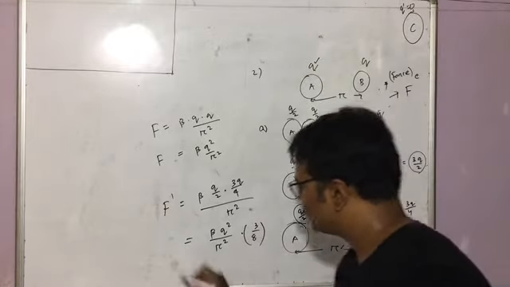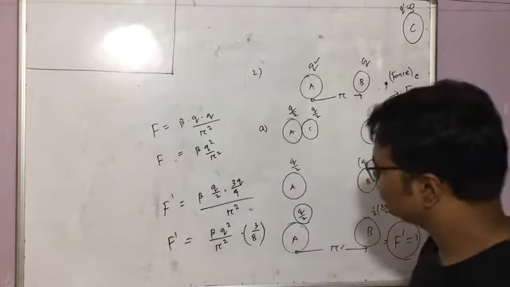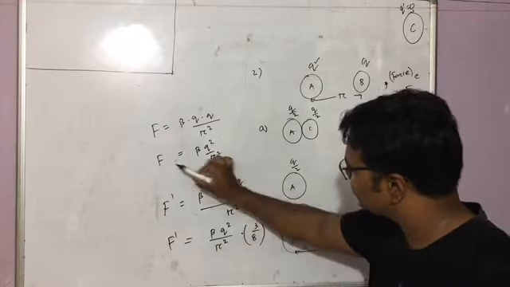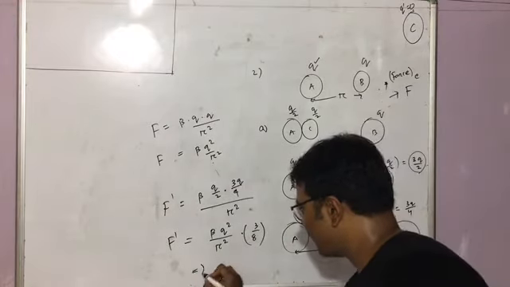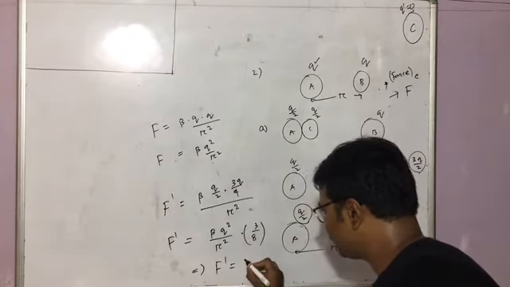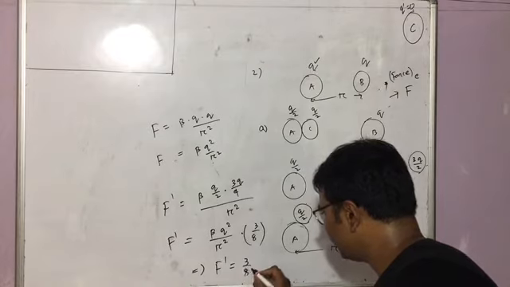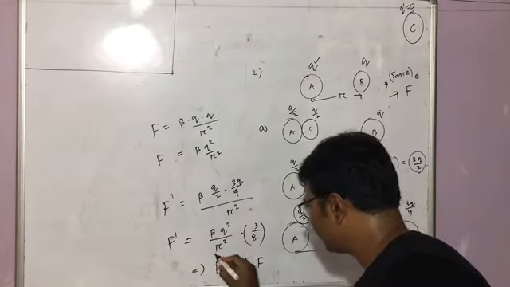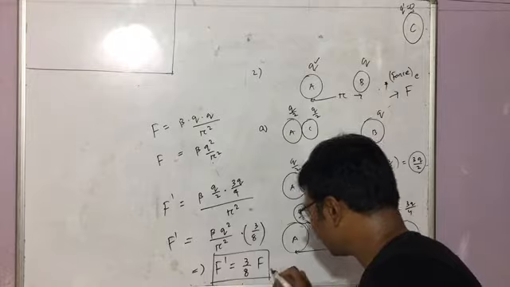But beta Q square by R square is F, which implies F dash is equal to 3 by 8 of F. So it is the required relation.